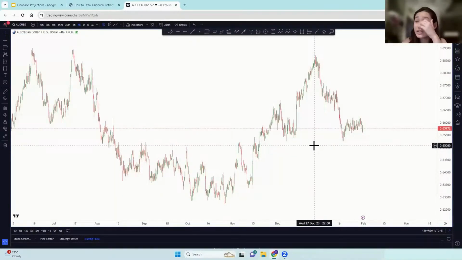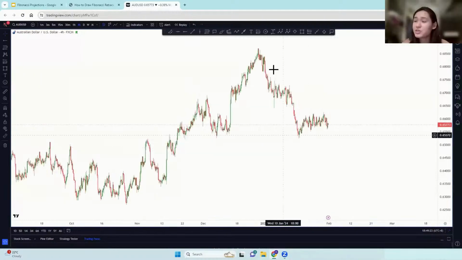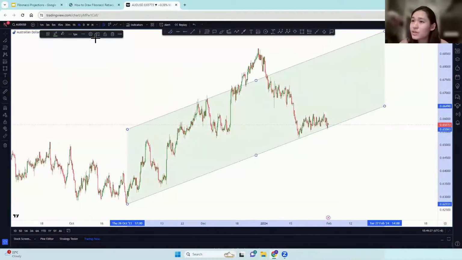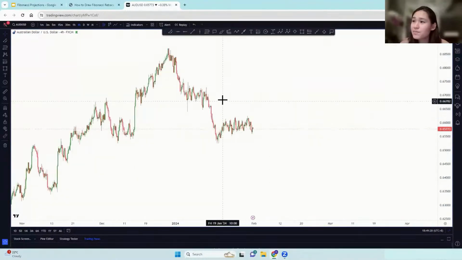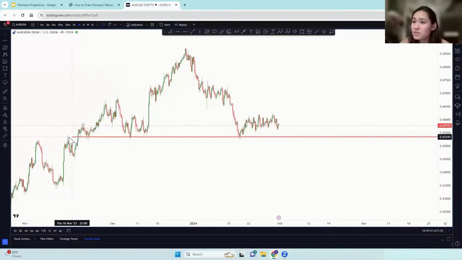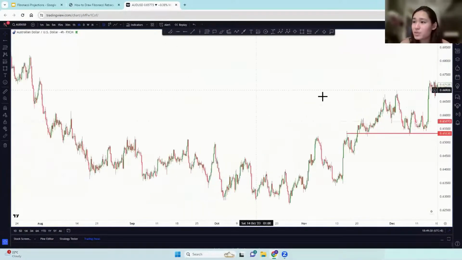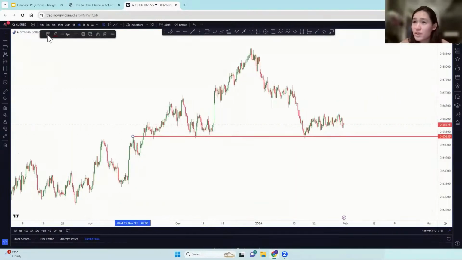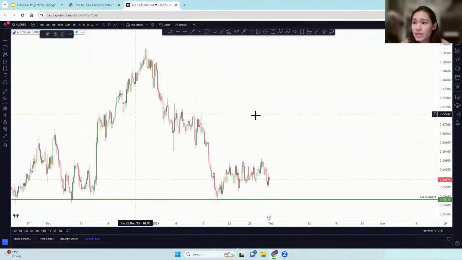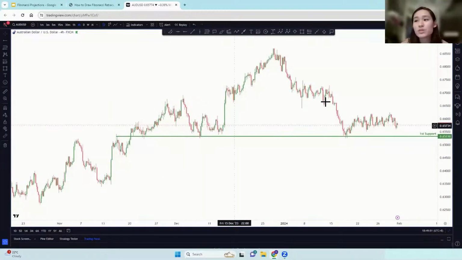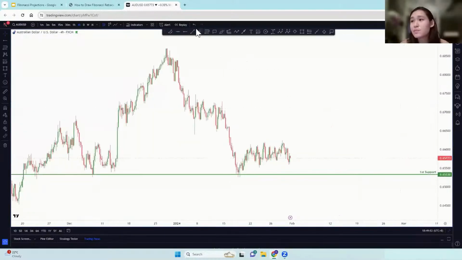Prices are also really kind of ranging as well. In fact, let's see if, okay, no, there's no trend channel. So we have a support level here, and let's see if I can pull it further back. Okay, no. So this is my first support, and you can see that it's an overlap support, which basically means that there are swing highs and swing lows that line up with that level.